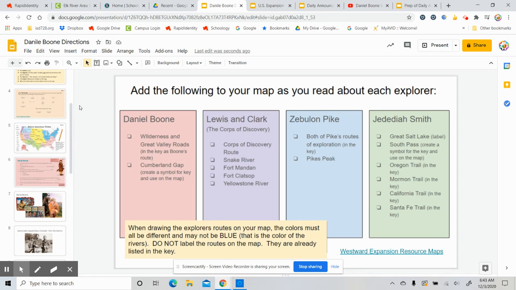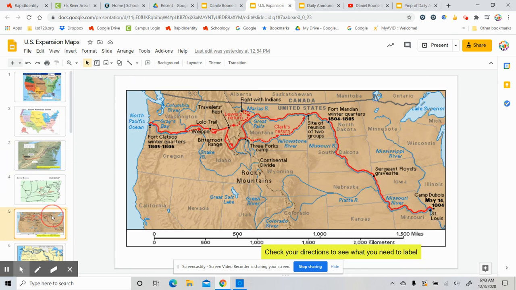Lewis and Clark follow rivers on their path. So when you're looking at the expansion maps here, Lewis and Clark follow the Missouri River exactly until they can't follow it any further. And then they have to get across the mountains.